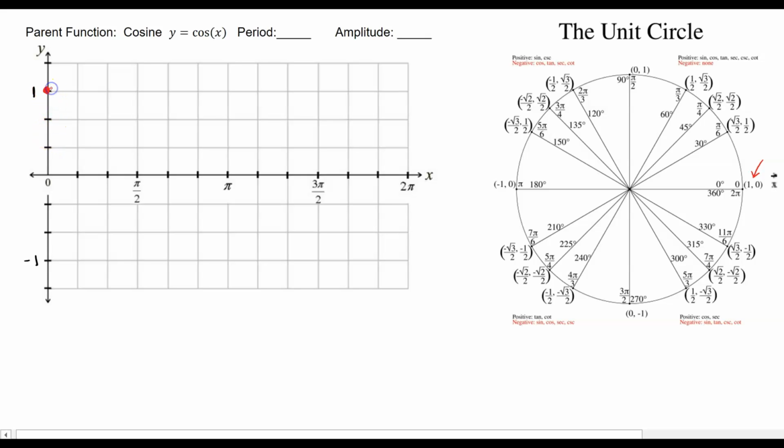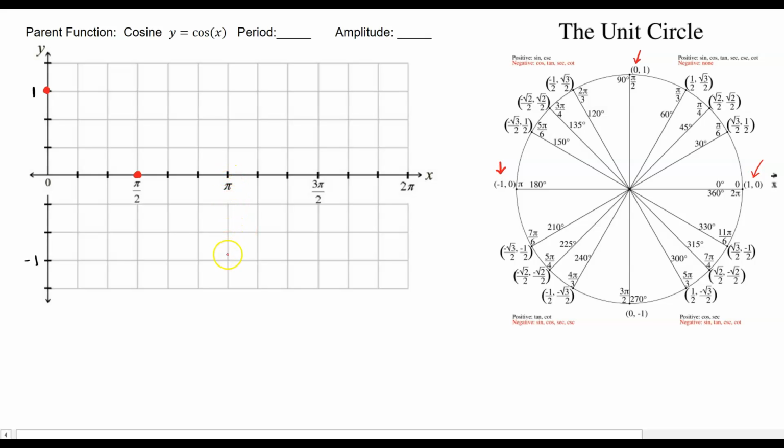The next value that we're going to look at is pi over 2. The value of cosine at pi over 2 is given here on the unit circle as 0. So at pi over 2, we're going to indicate 0. The next value we're going to take a look at is pi. The value for cosine at pi is negative 1.